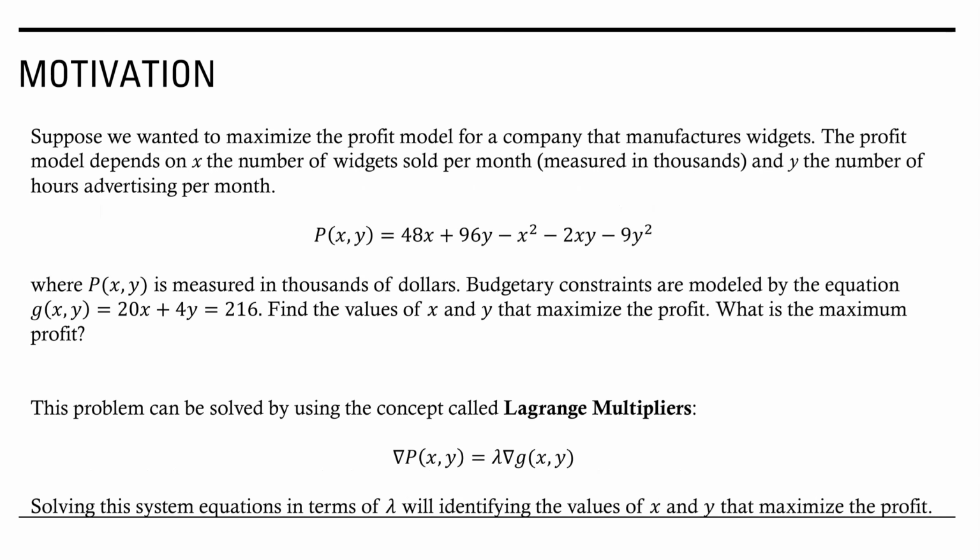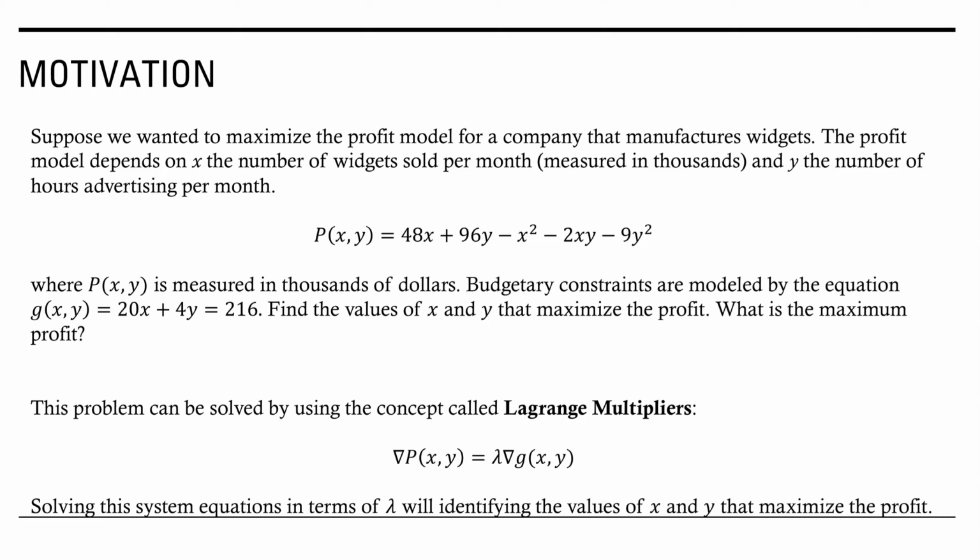Let's start with a motivation for the method. Suppose we have a profit model for a company and we want to maximize the profit for that company. The profit model has inputs of x and y, where x represents the number of widgets sold per month, measured in thousands, and y is the number of advertising hours per month.